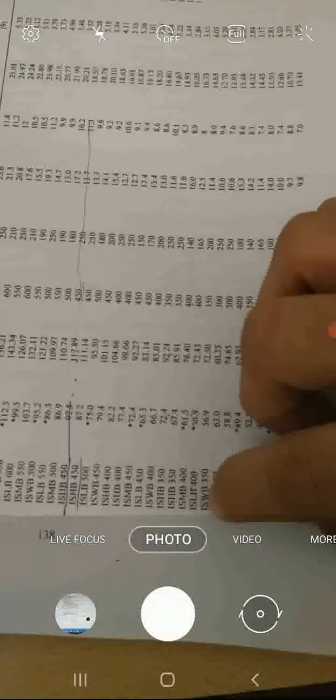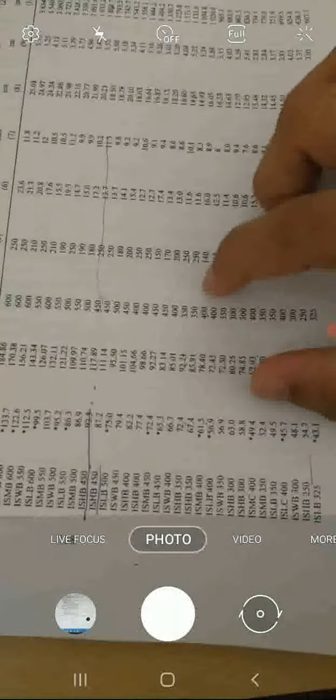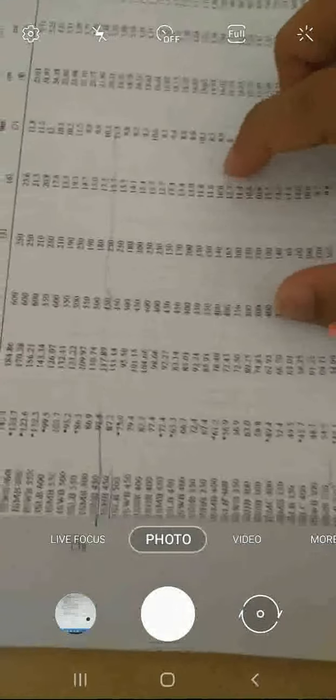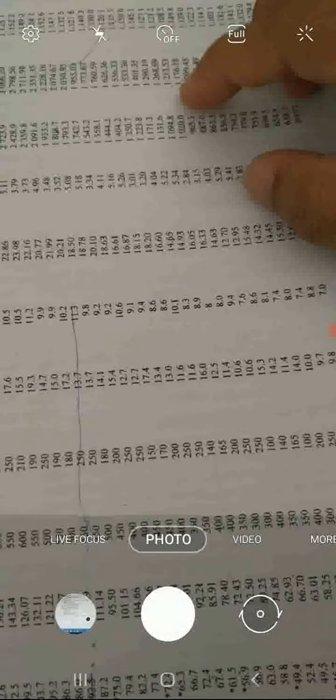You can check the section here, wherever ISMB comes. This is ISWB, ISLB, ISMB 400, right? Along that you can check here, that is 1176. We required 1047. This is 1176. So ISMB 400 is adopted.